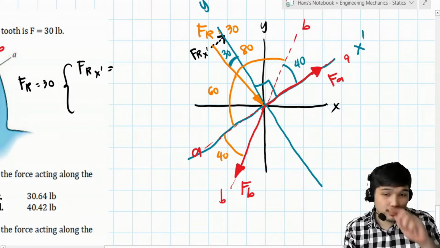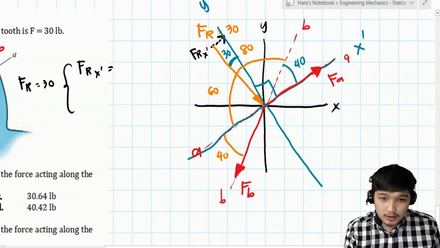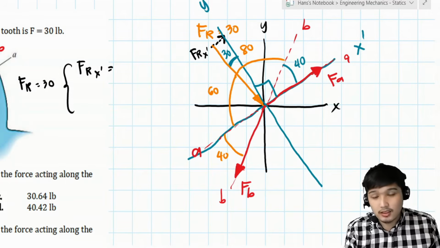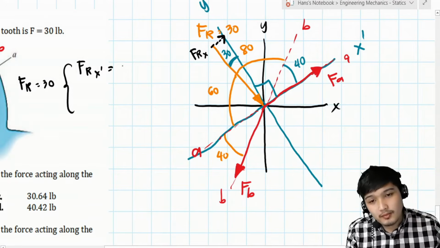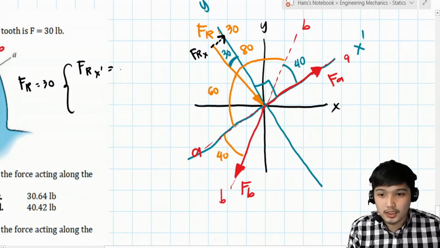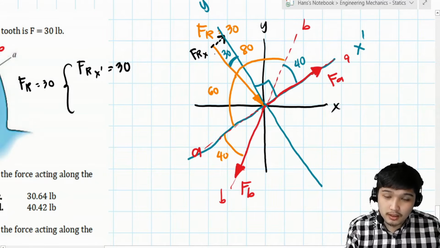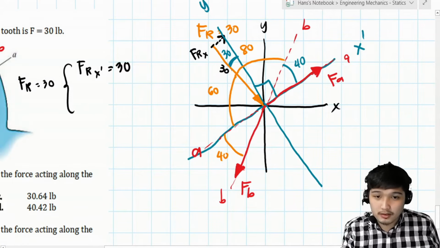To solve for that, do you see the triangle? Focus on this triangle. To get that, it is equal to FR sine of 30, where FR is 30 pounds, the orange force.